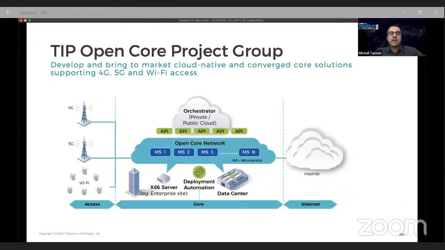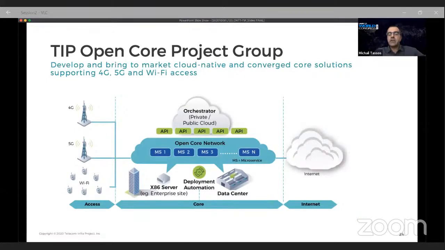We want to develop and bring to market cloud native and converged core solutions that support 4G, 5G, and Wi-Fi access. Some of the key design principles and tenets of this project are items that Stefano just highlighted. We're talking about cloud native design and building a core network on a microservices architecture.